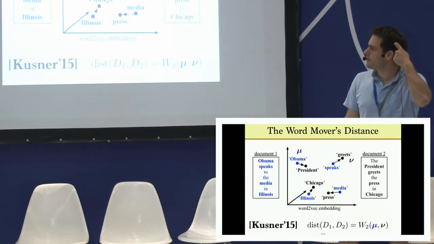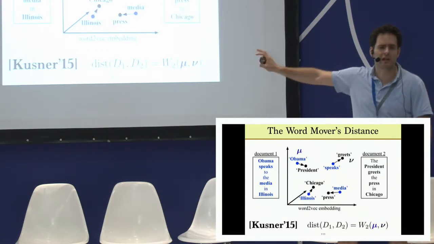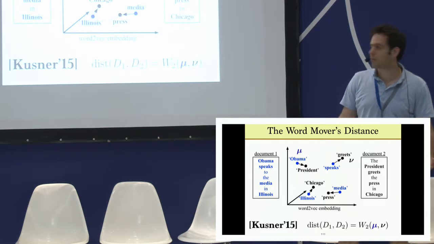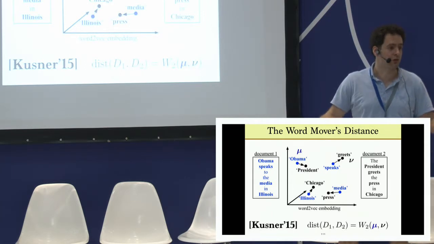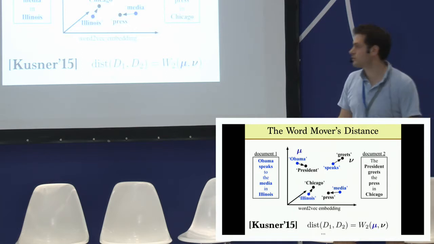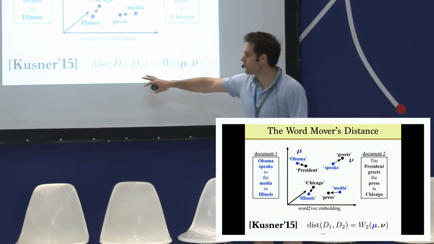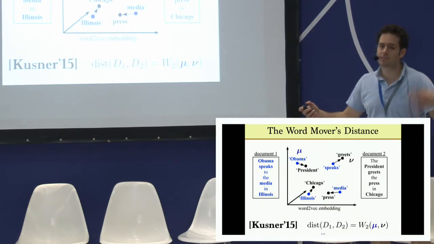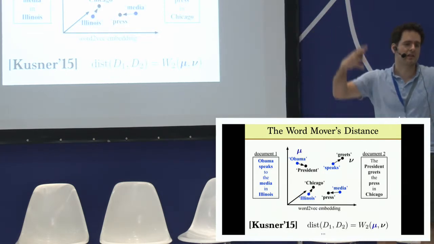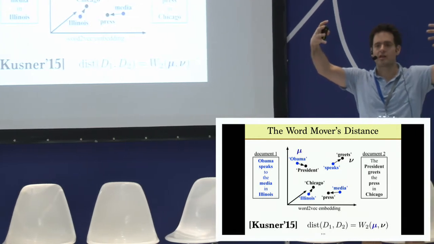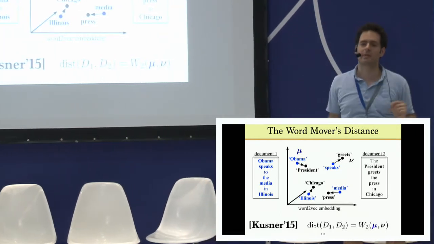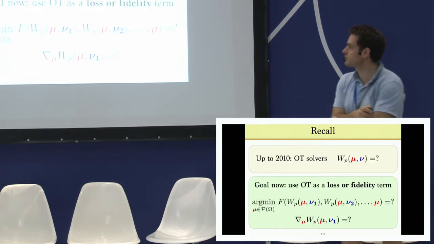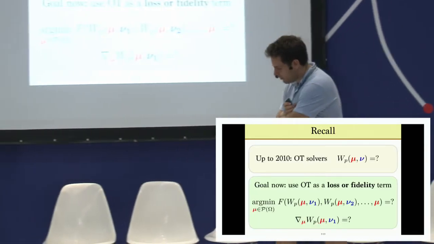More recently, an area where a lot of optimal transport is also being used is comparing clouds of points, which are actually clouds of words, in word embedding space. There was some work following Kusner's work in 2015. Suppose I have one sentence and another sentence, I can see each as a cloud of words in the space of word embeddings, and then why not use optimal transport on this? So this has gained a lot of popularity.